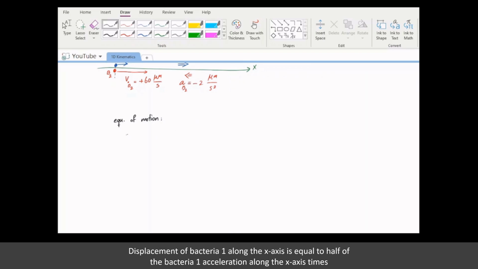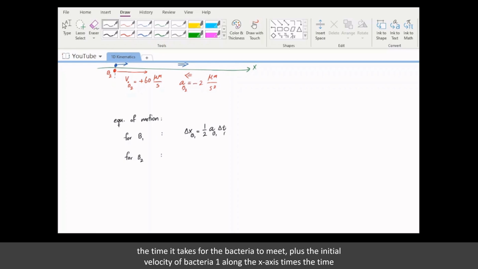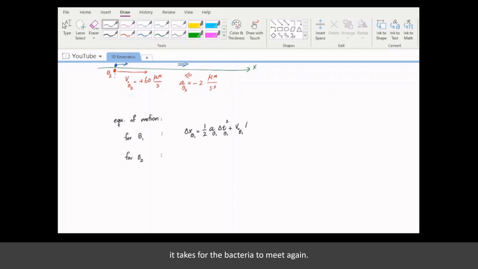Displacement of bacteria 1 along the x-axis is equal to half of the bacteria 1 acceleration along the x-axis times the time it takes for the bacteria to meet squared, plus the initial velocity of bacteria 1 along the x-axis times the time that it takes for bacteria to meet again.